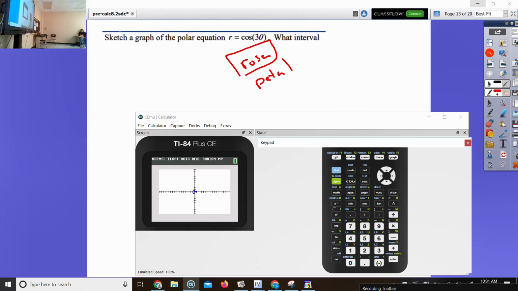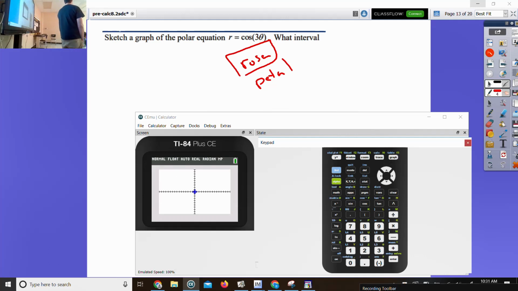That had a 3 theta inside of it. How many petals did it have? 3. Kind of interesting. Look what happens if you put an even number in there like a 2. You'd think, based on what you just saw, it'd have 2 petals.